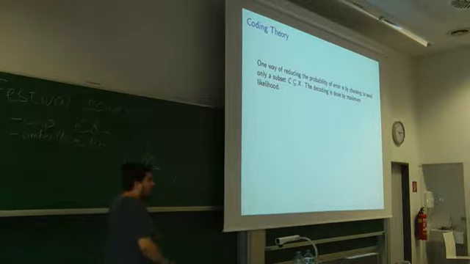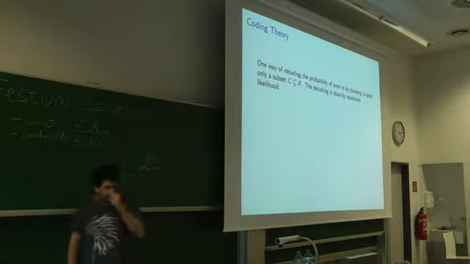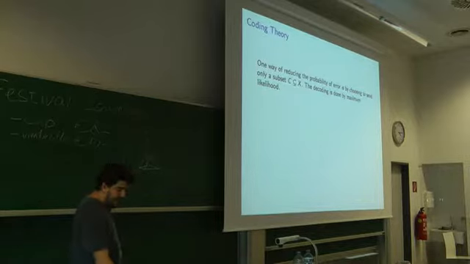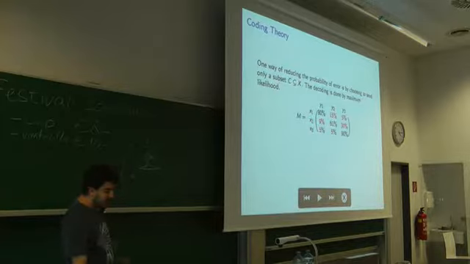So what is coding theory? Coding theory is the following. When you have a channel, generally the decoding is done as follows. If I receive a y1, I assume that x1 was sent, because it's the most probable to have been sent. When you look at this column, it's the highest number.